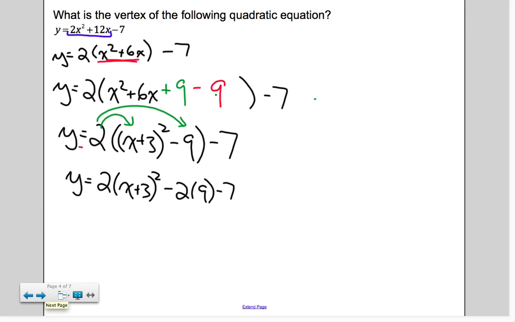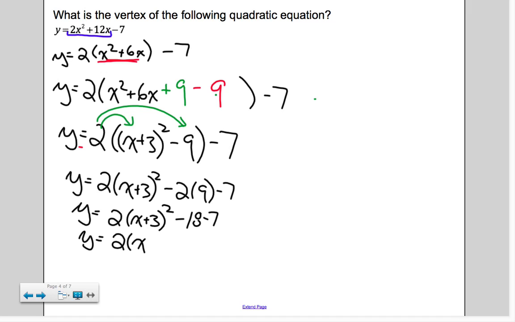Now we see why it was important to keep the negative 9 inside, or else it would have been 9 off. So y is equal to 2 times x plus 3 quantity squared minus 18 minus 7. Finally, y is equal to 2 times x plus 3 quantity squared minus 25.